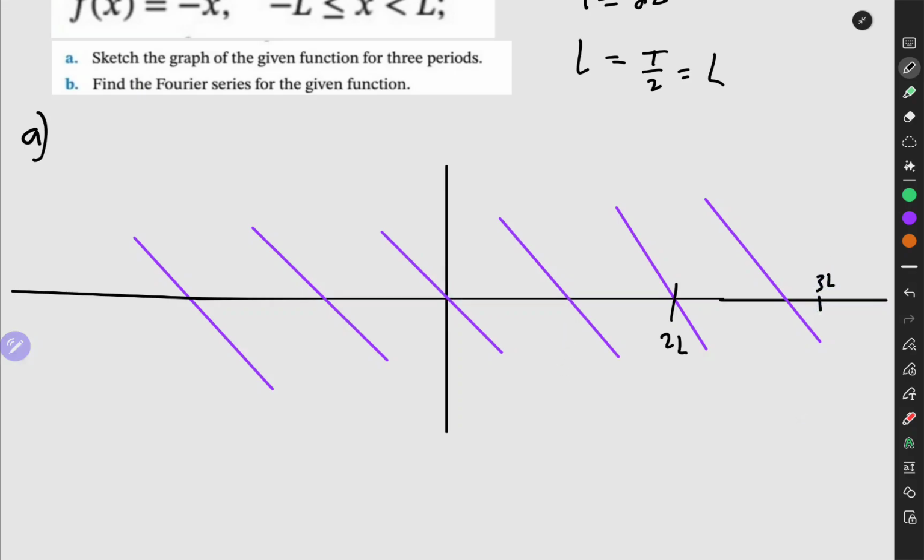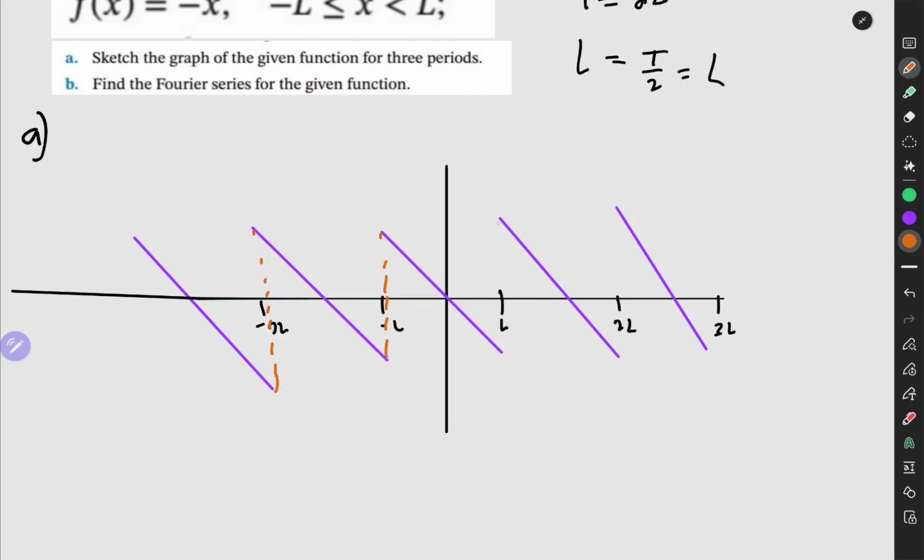Sorry, that's not L. This is L. L, 2L. Oh, I already did have 3 periods. Yeah, that's 3 periods. This is 1, 2. Negative L, negative 2L. You can see how they all are supposed to line up here.